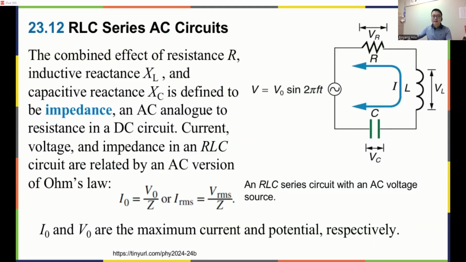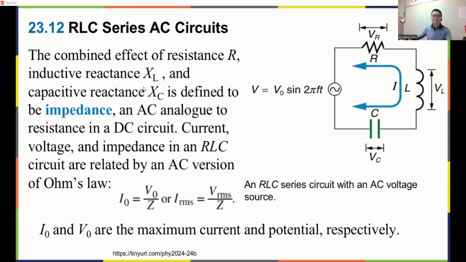So last time we saw that a resistor just acts like a resistor, the same way as it does in a DC circuit, when it's placed in an AC circuit. Now, an inductor or capacitor also reacts to the voltage you apply, but we call that reactance, so X_L and X_C.